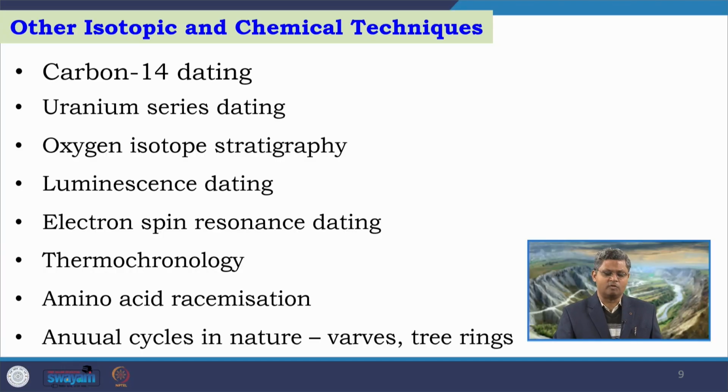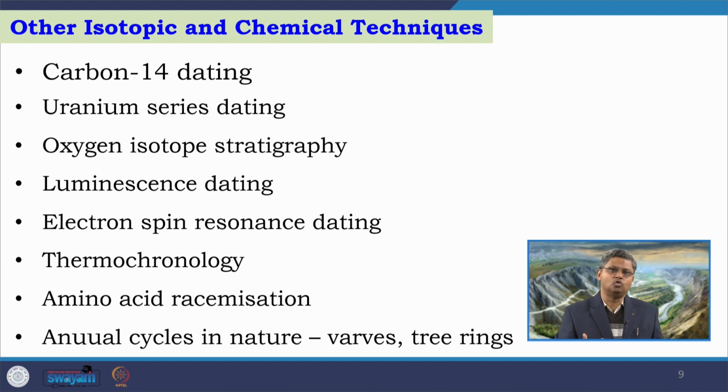Some other common techniques are very commonly used in relatively younger rocks, for example, carbon-14 dating, and uranium series dating, which is commonly used for older rocks. There are also oxygen isotope stratigraphy, a very common method nowadays, luminescence dating, electron spin resonance dating, thermochronology, amino acid racemization, and annual cycles of varves or tree rings.